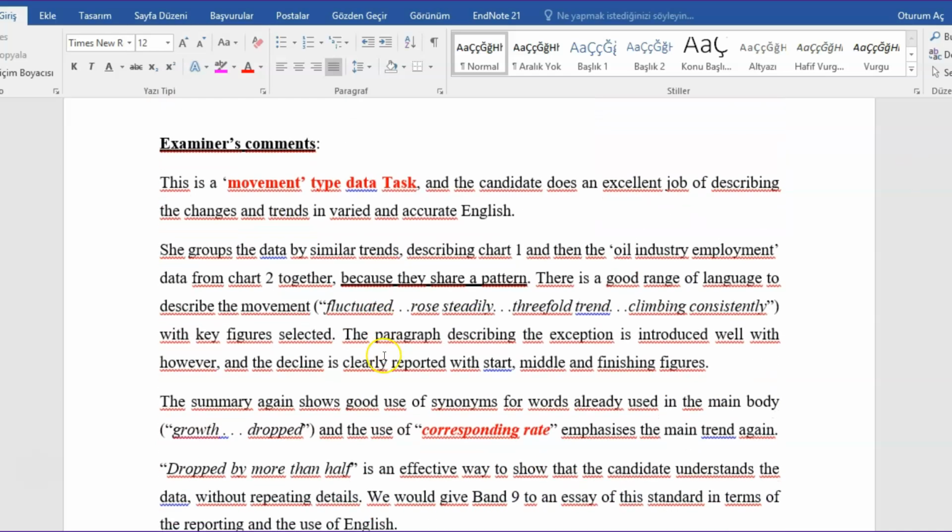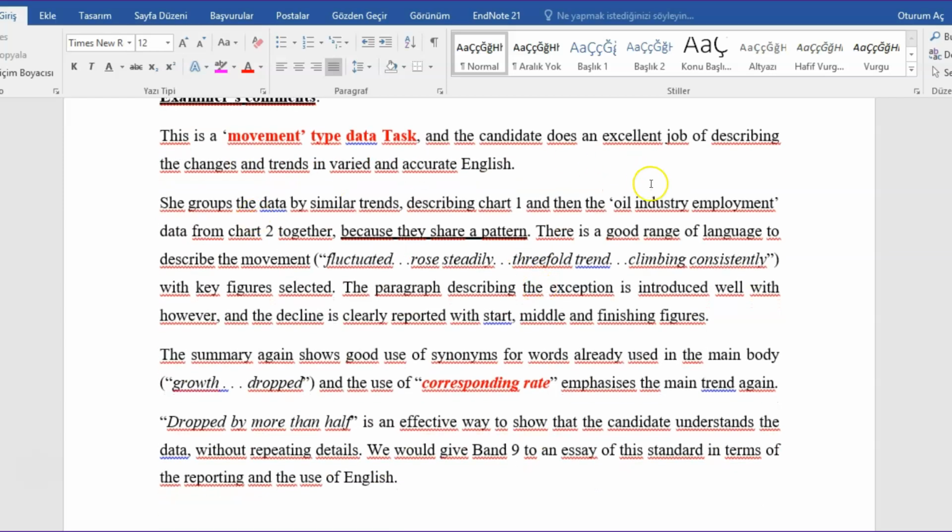Okay, as I explained before, here is movement data, because we have different time scales, and we have a difficult task, and therefore, instead of bringing too much detail, we have to mention the same trends.